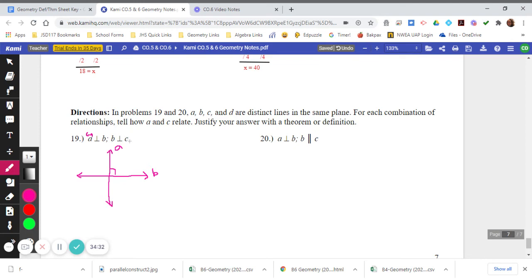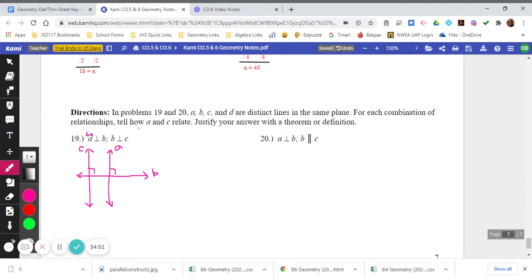Now I want to draw another line C that is also perpendicular to line B. So it has to intersect line B. So this line C and line B are going to be perpendicular.